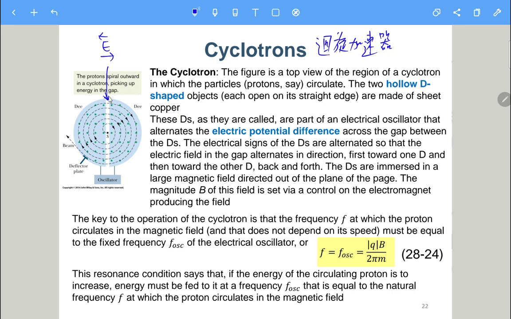And in the D shapes, there will be a magnetic field. You can see some green dots, which means the B field is uniform and pointing out of the page. So the key to the operation of the cyclotron is that the frequency f at which the proton circulates in the magnetic field will be equal to this one.